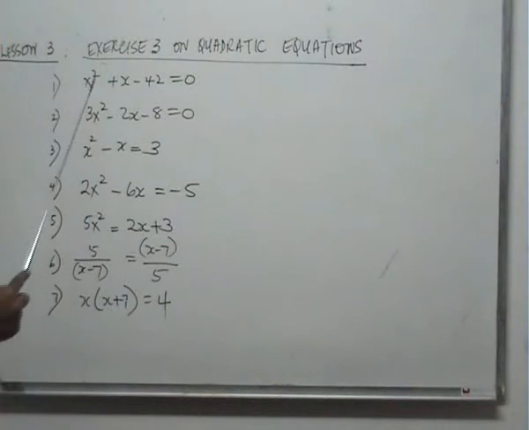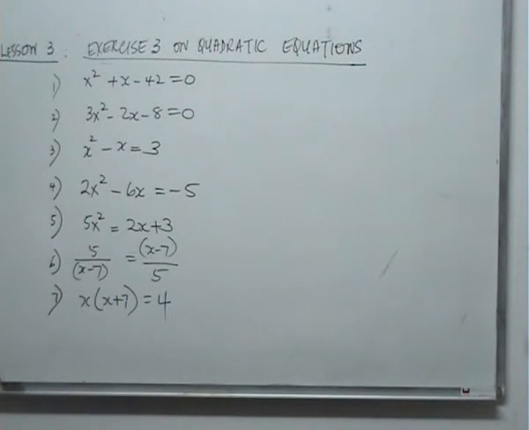Here we have exercise 3 on quadratic equations. Number 1, x squared plus x minus 42 is equal to 0. Number 2, 3x squared minus 2x minus 8 is equal to 0. Number 3, x squared minus x is equal to 3.